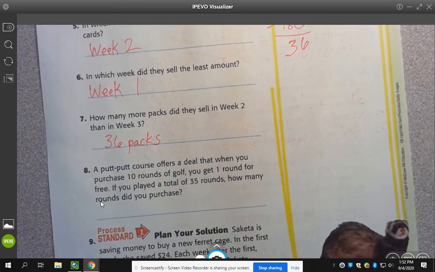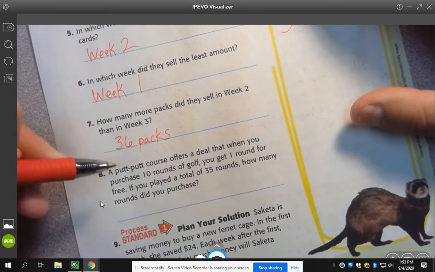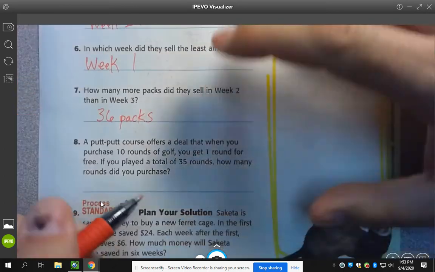All right, a putt-putt course. Shh, Colton. All right. A putt-putt course offers a deal when you purchase 10 rounds of golf. You get 1 round for free. If you played a total of 35 rounds, how many rounds did you purchase? So for every, I guess, make a chart.